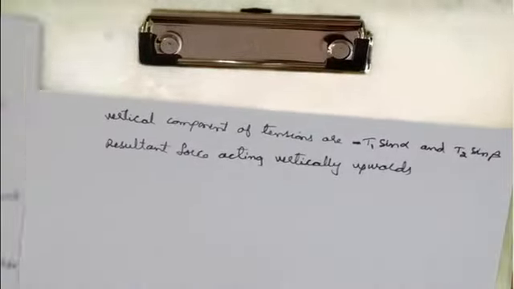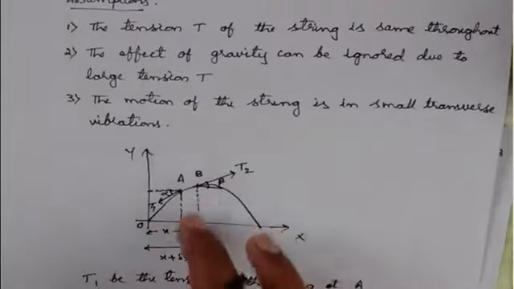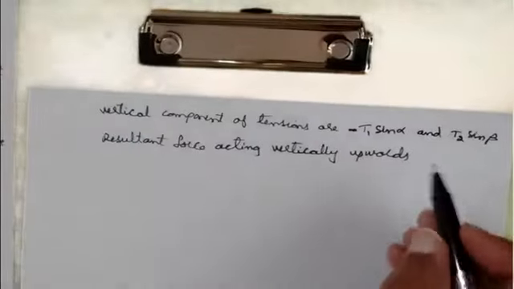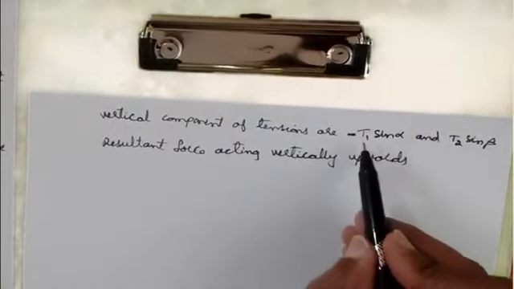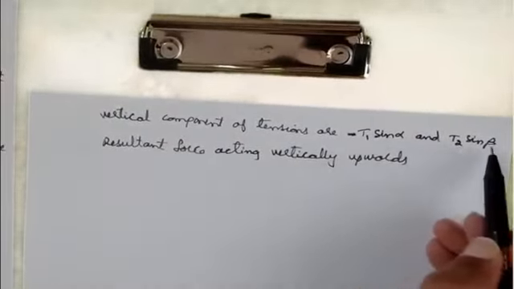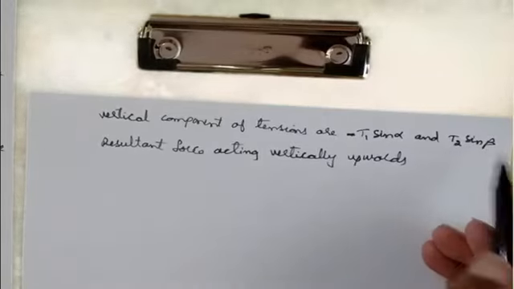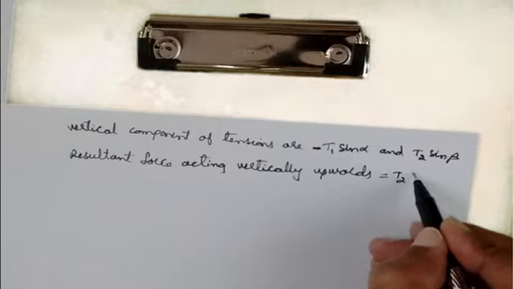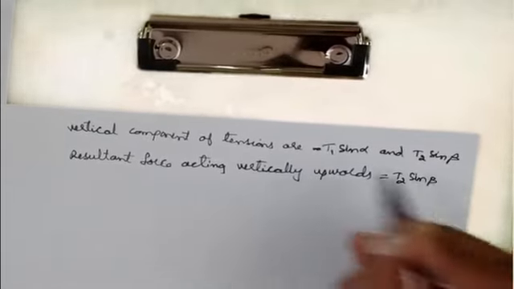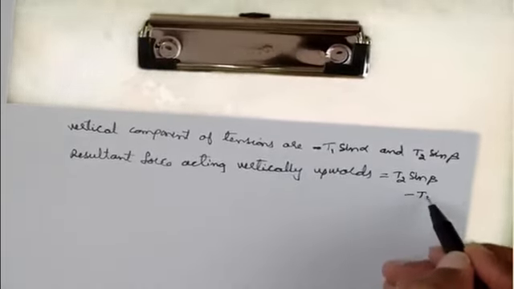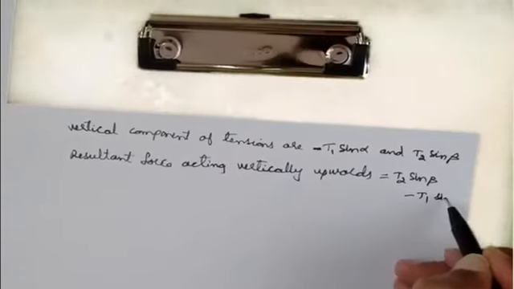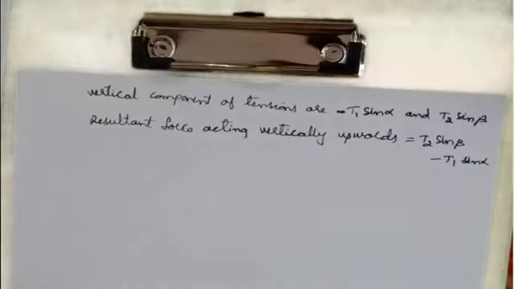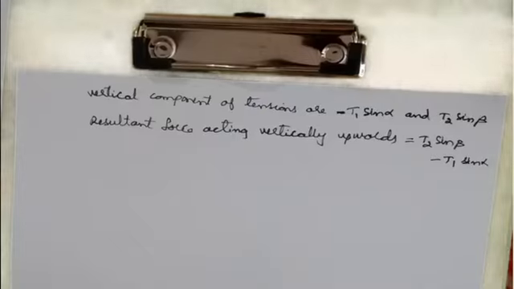It will just be the sum of these two values: minus T1 sine alpha plus T2 sine of beta. Or I can write the positive value first, T2 sine of beta, then the negative value, minus T1 sine of alpha. So that will be your vertical component.